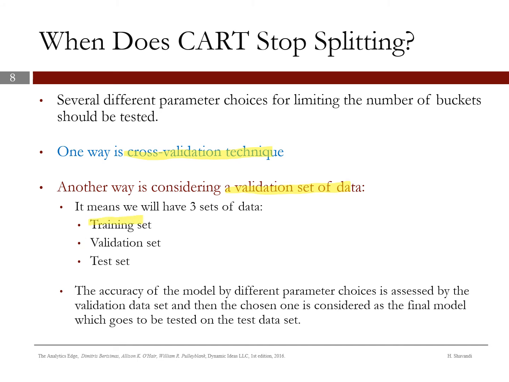The first would be the training set, the second would be the validation set, and the third would be the test set. In the validation set, we will try different values of the parameters, I mean different values for minbucket, and see which one works better. Then we say, okay, we have our final model, and that model will be used for evaluating the performance on the test data set.